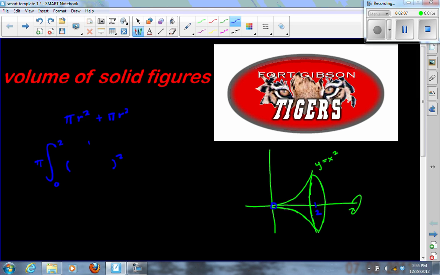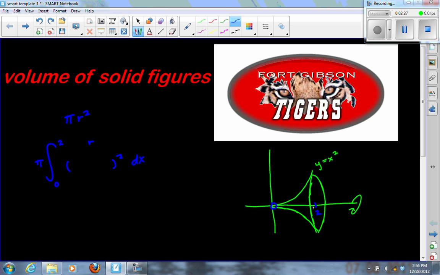This is the radius, pi r squared. So the deal is, this pi r squared is the area of one disk, and you let those areas accumulate from 0 to 2. So all these disks just keep stacking up all the way across here until you get to the end.